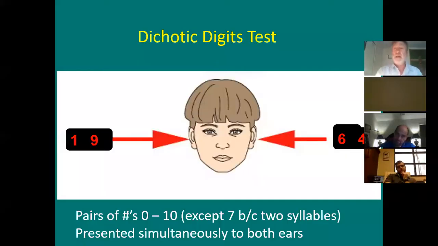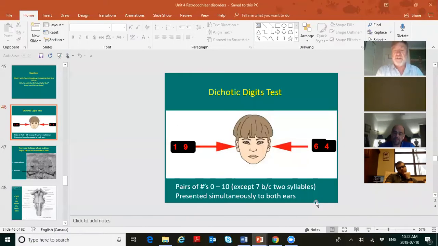So when you're listening to this, the kid would have to say 6, 1, 4, 9. Yeah, yep, good kid. All right, here's the next pairs of dichotic digits. So they do this about 20 times. And what they're looking for is to find out if there's a difference between the ears. Well, here's the assumption behind dichotic digits.